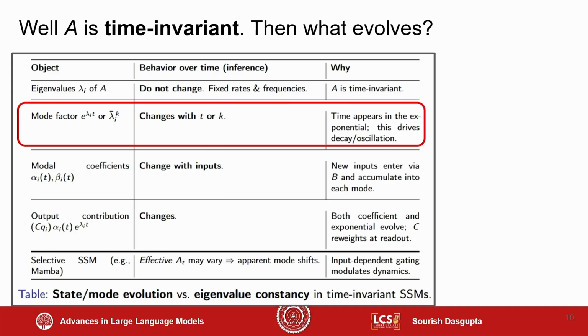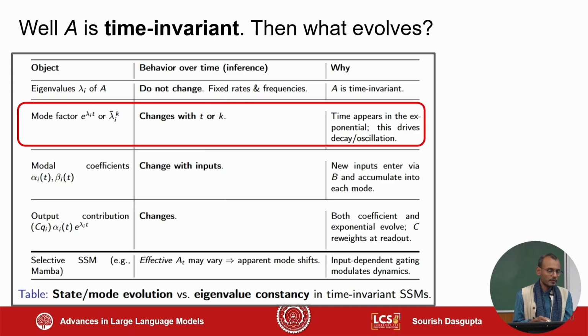If you look at it, you'll see that the eigenvalues and the eigenvectors don't change. They are fixed because A is time invariant. But what really changes is this particular factor, which is e raised to lambda_i t. Why? Because of t. Because there is this t or delta t associated. So time appears in the exponential, and this drives the decay or the oscillation.